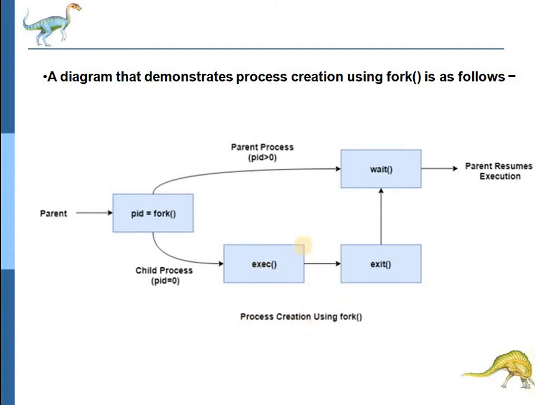In this diagram, it shows that when the fork system call is made, parent and child processes are created. The parent process waits while the child runs, and once the child process uses the exec system call, it replaces the address space of the parent. Then the exit system call exits from the child process and the parent process resumes.